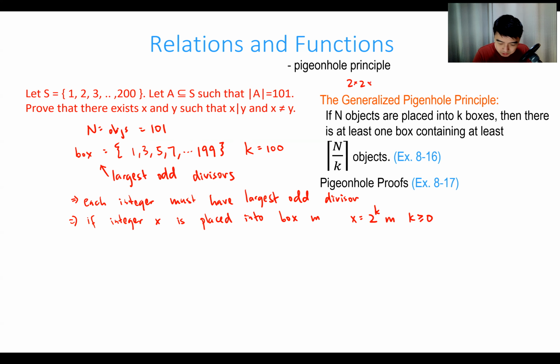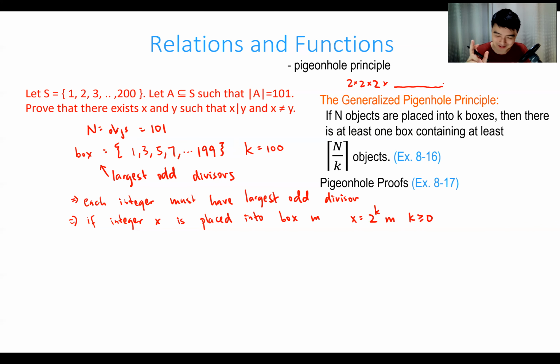There's going to be a bunch of 2s multiplied out, but you can guarantee that the rest of the prime divisors are going to be odd. And what do you get when you multiply odd numbers by odd numbers? You get odd numbers. So the rest of the number corresponds to the largest odd divisor.